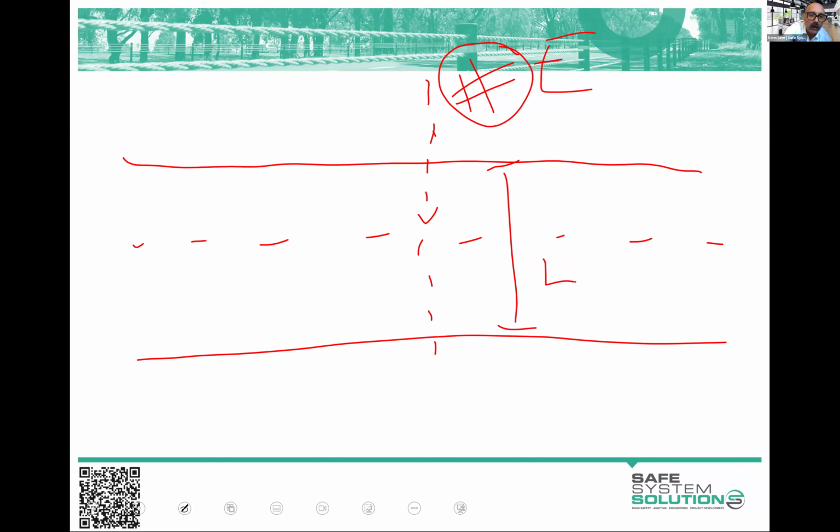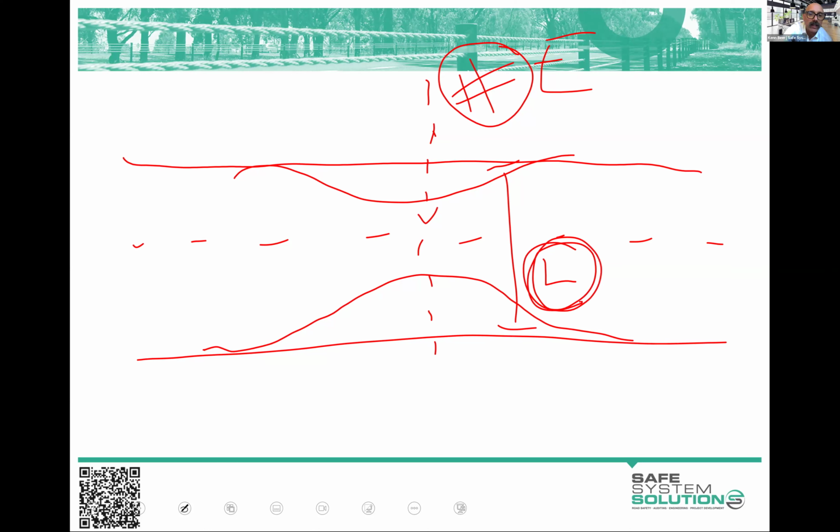So if we were to put in some curb outstands or curb build-outs, depending on which country or state you come from, so we lessen the distance that they have to cross, that's going to influence likelihood of crash, not exposure, okay? Because it's still going to be the same number crossing, less likely to crash.